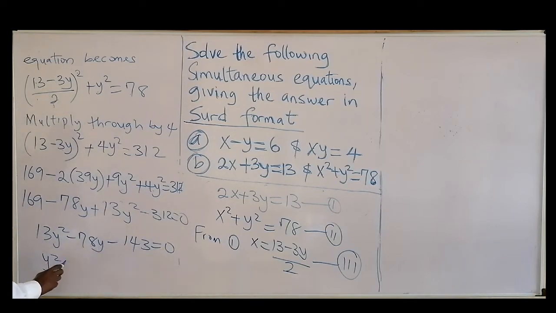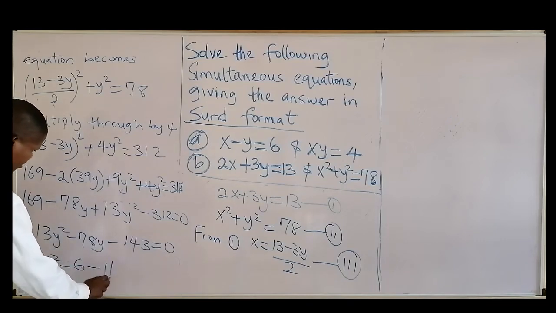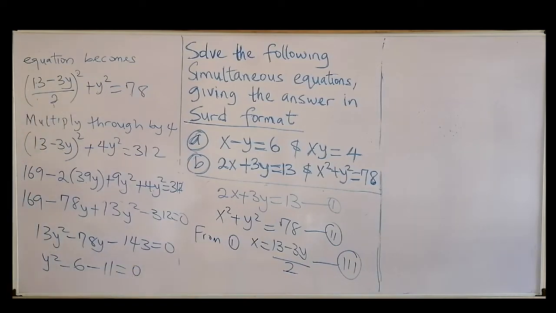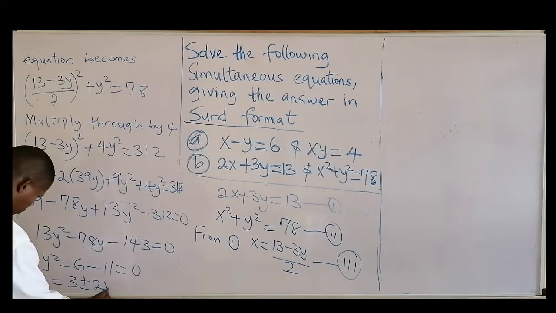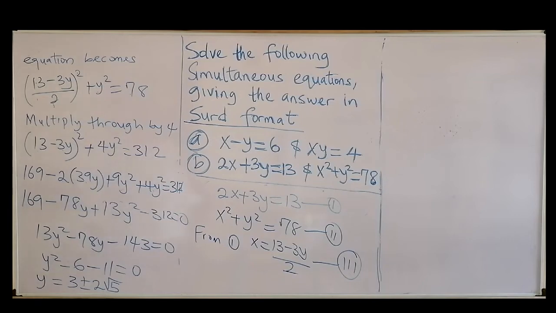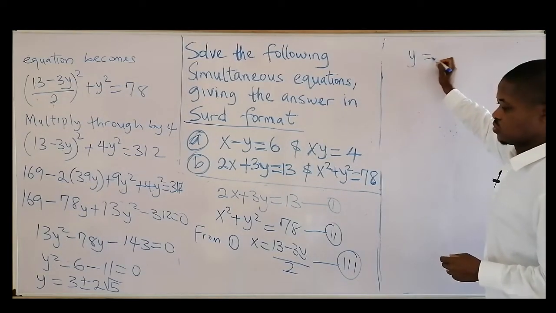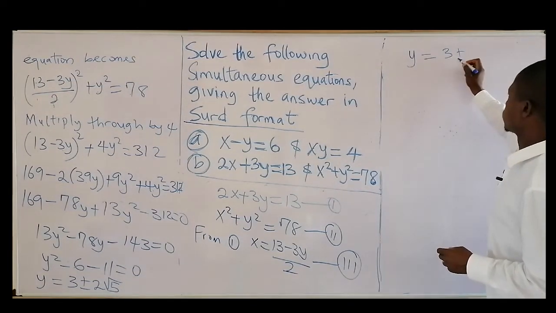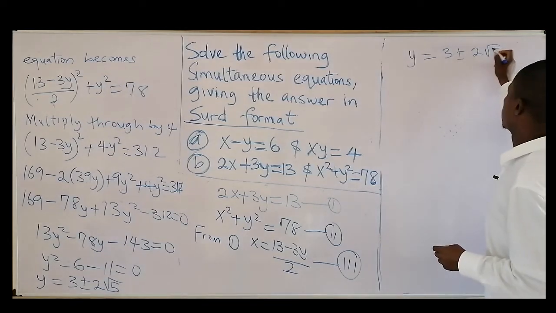So you have y squared minus 6y and then minus 11 equal to 0. So if you use a calculator, y will be equal to 3 plus or minus 2 root 5. Yeah, if you use a calculator, that will be that. Here, y is what? Y is 3 plus or minus 2 root 5.